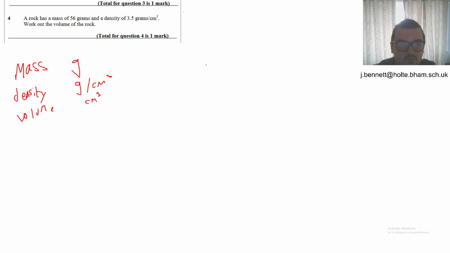To get density, we do grams over centimeters cubed, because that's what it says here. Grams is mass, centimeters cubed is volume, and grams over centimeters cubed is density. So that's how we find density. Density is mass over volume.